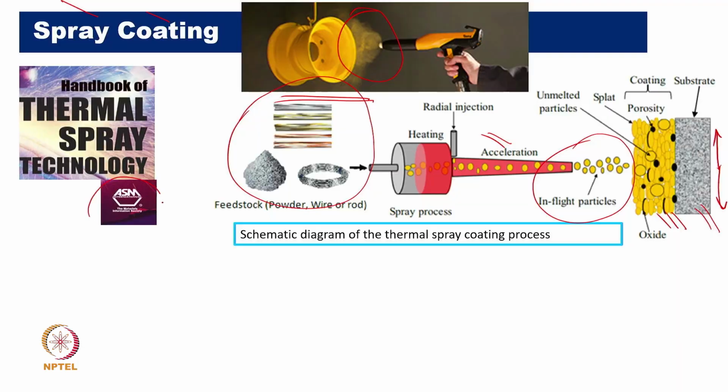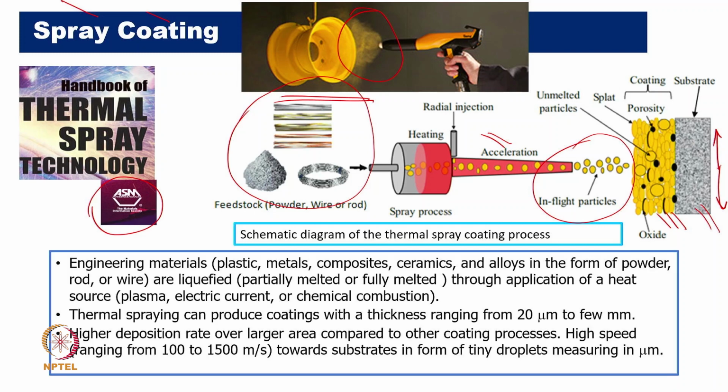As I mentioned earlier, there is a separate ASM handbook on thermal spray coating. If you have interest, you can read this. I'll just try to summarize. I say the engineering material in this case can be plastic, metal, composite, ceramics, or some sort of alloy. Even it can be used in the form of rod, powder or wire.